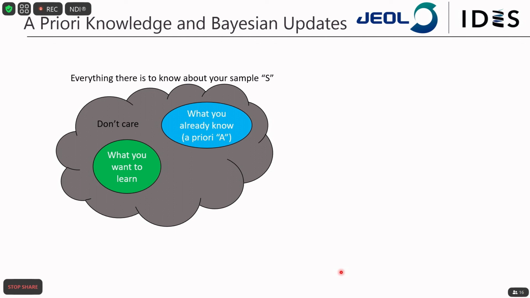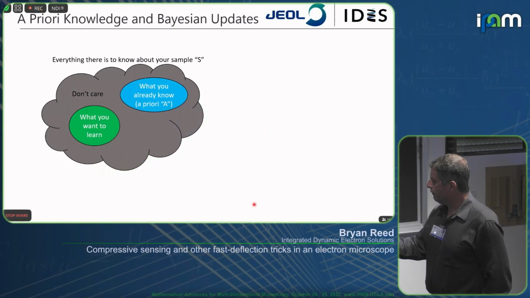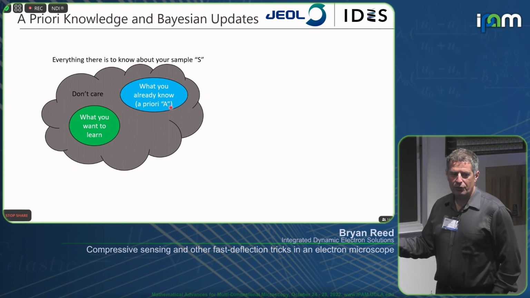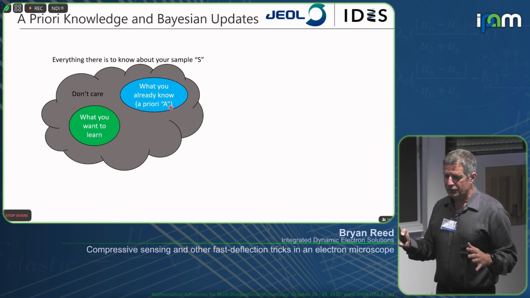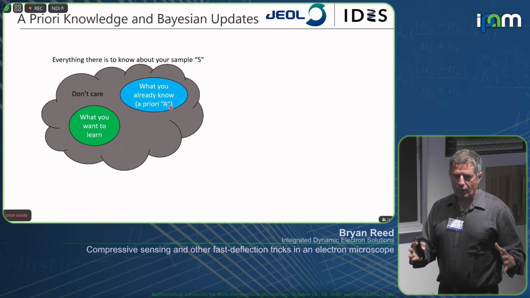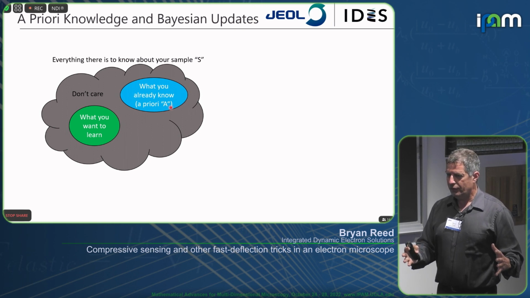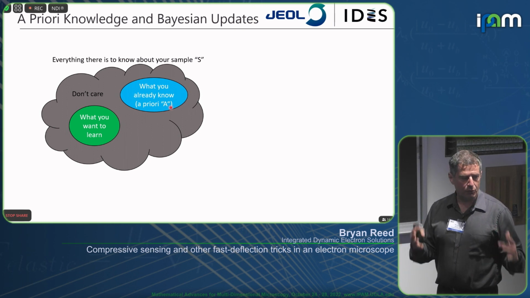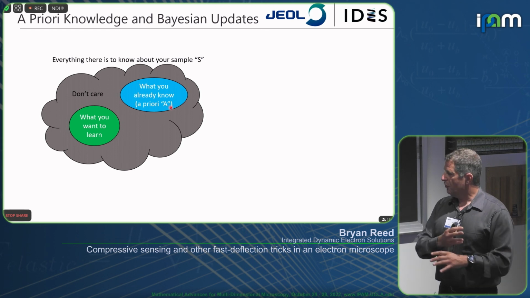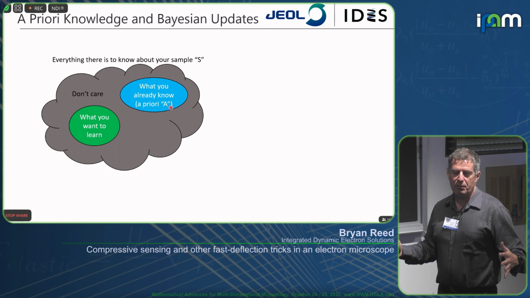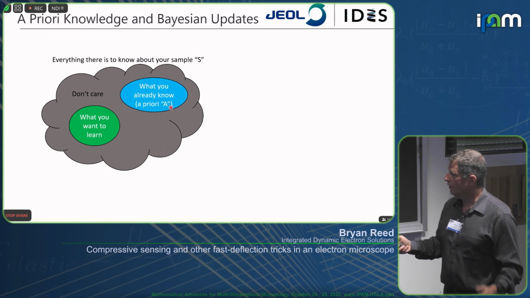Well, you do start out knowing something about your sample. So there's everything there is to know about your sample, and then there's what you know beforehand, your a priori knowledge. How do you want to encode that? Maybe you just want to encode it as the images that come off it actually look like something, right? They don't look like pure random noise. They've got a low total variation. They're compressible in some dictionary, whatever.